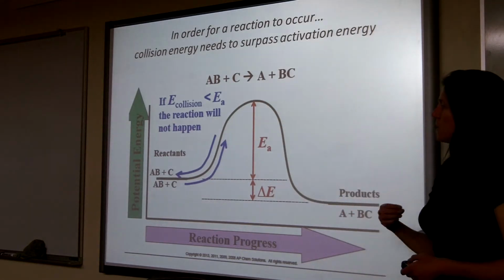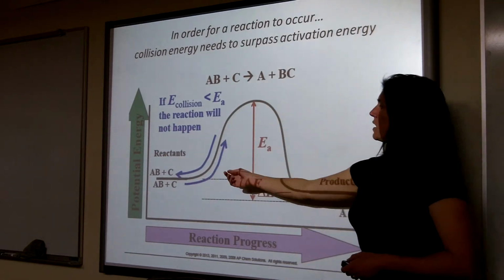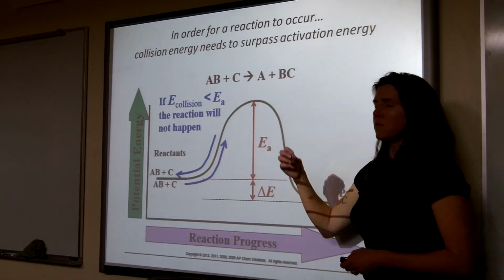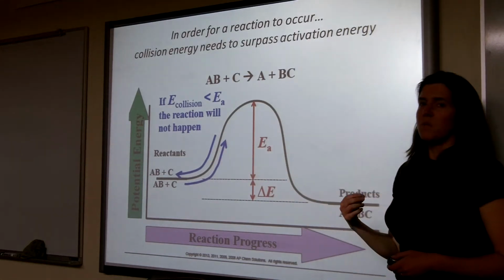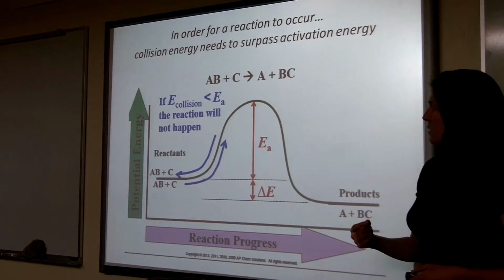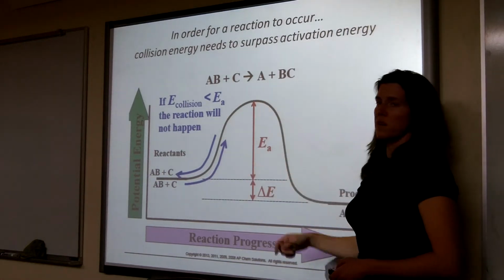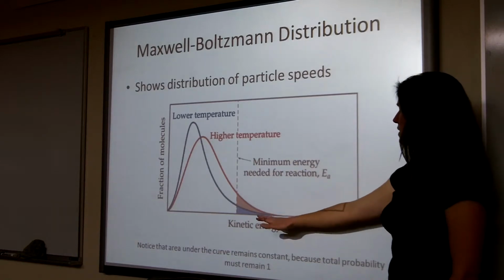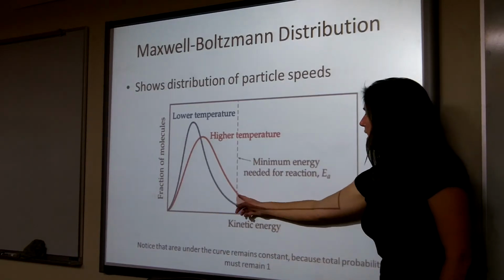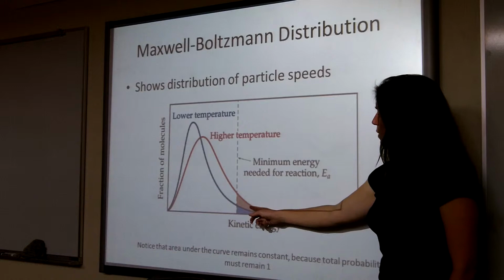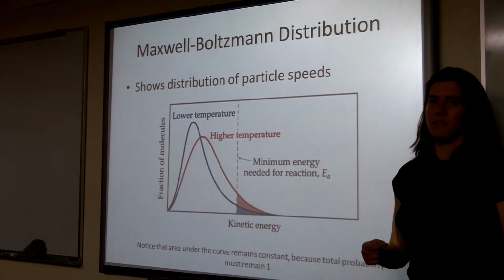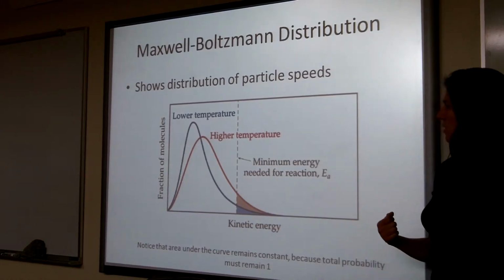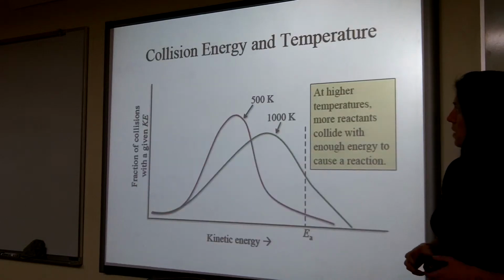So when you increase the temperature, you're going to increase the energy of these individual particles moving around, so more of them are likely to have collisions with enough energy to get them up and over this curve. So again, this is showing the number of molecules and their kinetic energy. In a higher temperature sample, a greater percentage of those molecules have the energy to react. So that's why that will occur faster at a higher temperature.